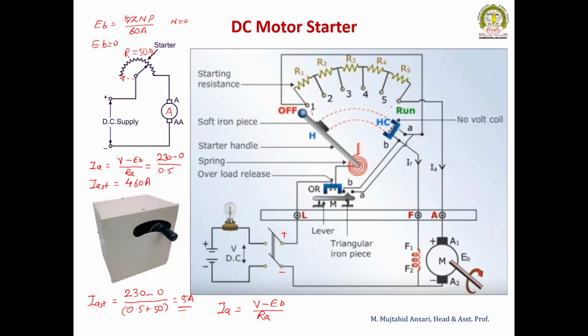When the handle comes to the run position, all external resistance is cut out from the armature circuit. This is the starting position, where entire resistance is connected in series with the armature. When we move the handle to this position, entire resistance is cut out and we get the rated voltage across the armature. In this way, we can reduce the starting current of the DC motor.